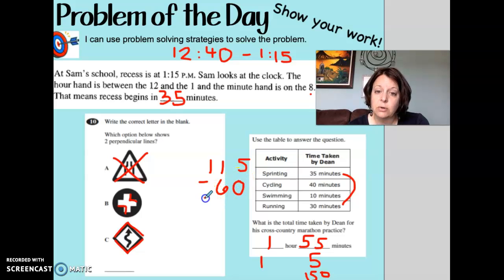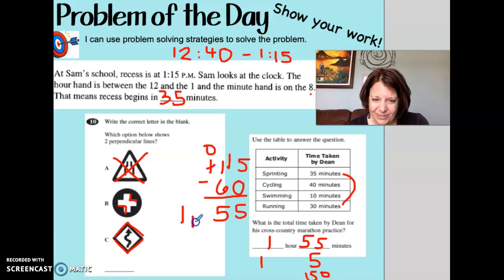Because I know it doesn't go to 120, so there'd be definitely 1, but not 2 hours. Okay, so 5 minus 0, that's 5. Whoops, can't do this, so I have to go next door and get 10 more. So then 11 minus 6 is 5. So again, I get 1 hour and 55 minutes.